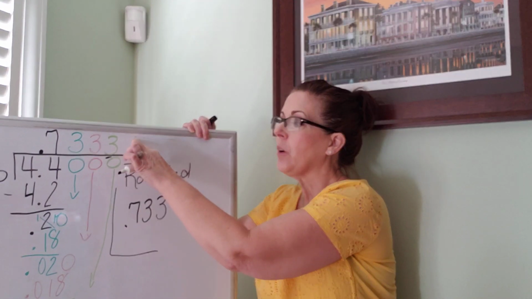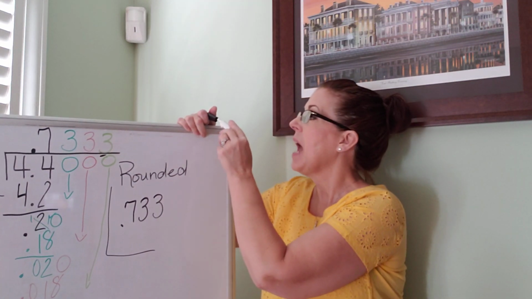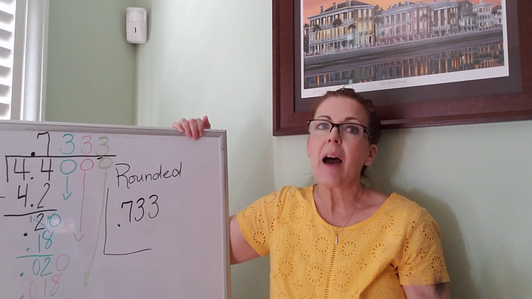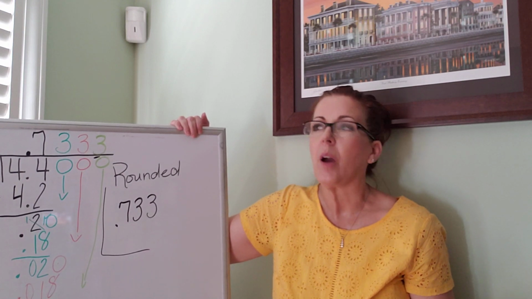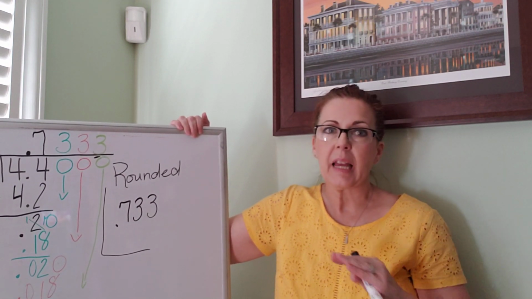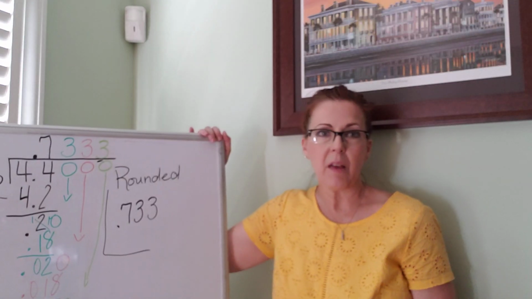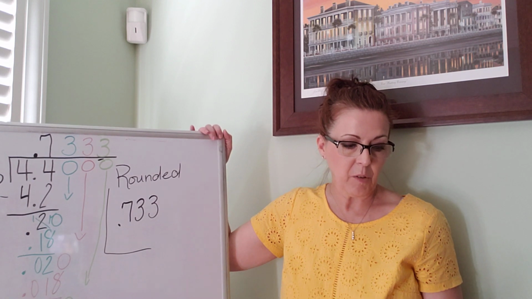So you'll need 4 here so you can get to 3 here. And that is how you do a division problem where you have that repeating decimal, where no matter how many times you add that 0, you're never going to get an even outcome. And that's how you'll solve that with your math books. We're not going to do a whole lot of these, but you do need to be comfortable with that.